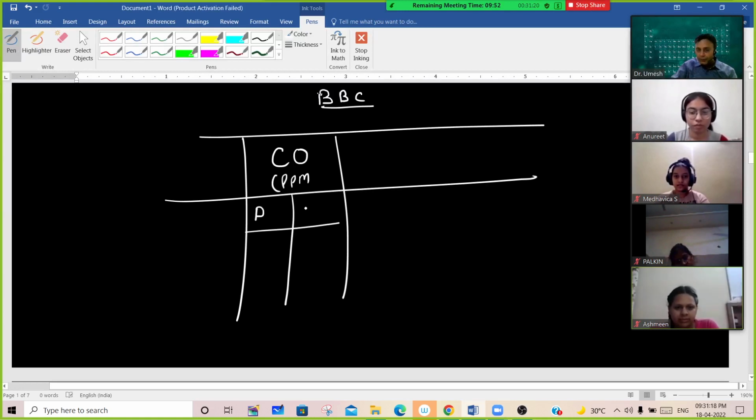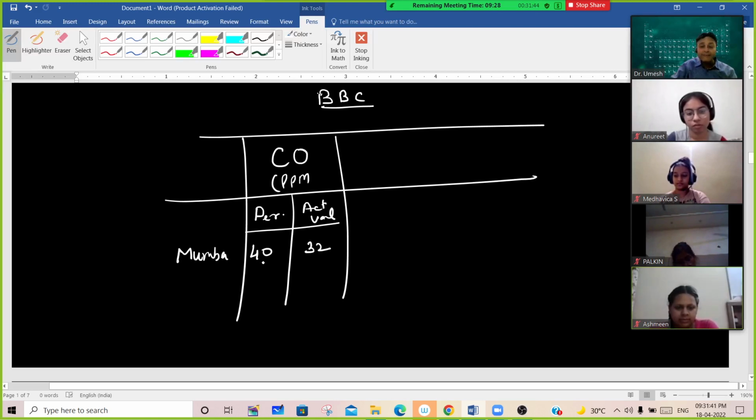Permissible value and the actual value. I will tell you the meaning of permissible value and actual value. They will show it like this. Mumbai, permissible value is 40 ppm and actual value is 32.